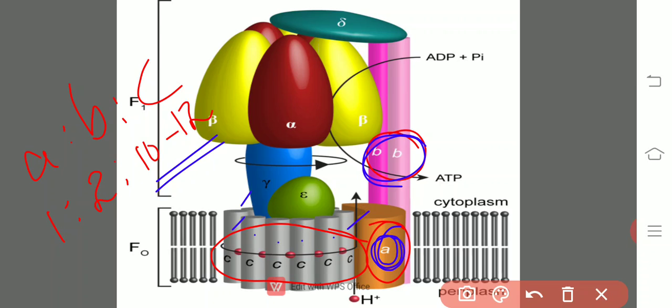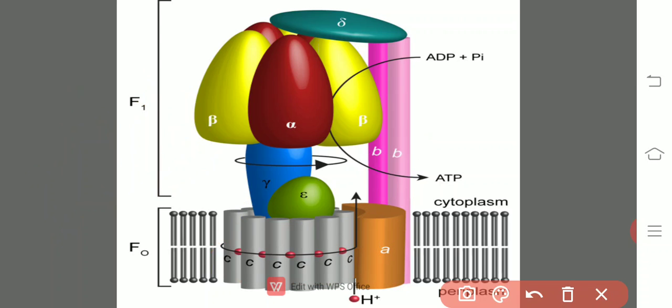And now, if you observe the ATP synthesis process, the beta subunits of the F1 have the active sites upon their surface, the catalytic sites, where the ADP plus inorganic phosphate are converted into ATP plus H2O. So it is a reversible reaction. ADP plus Pi gives us the formation of ATP and H2O.